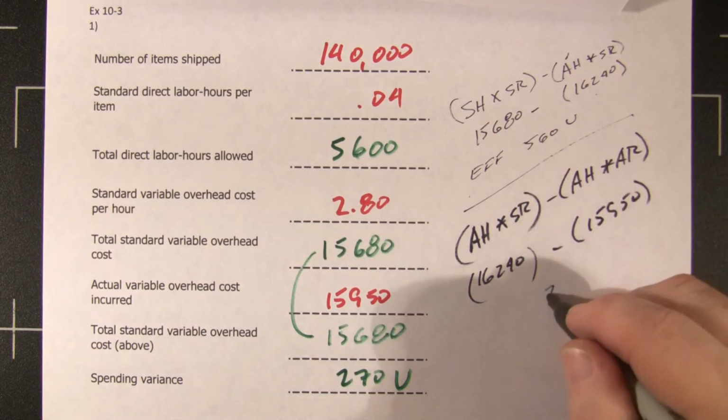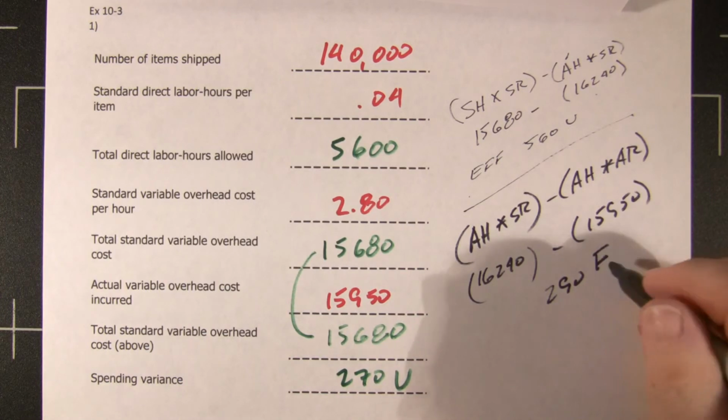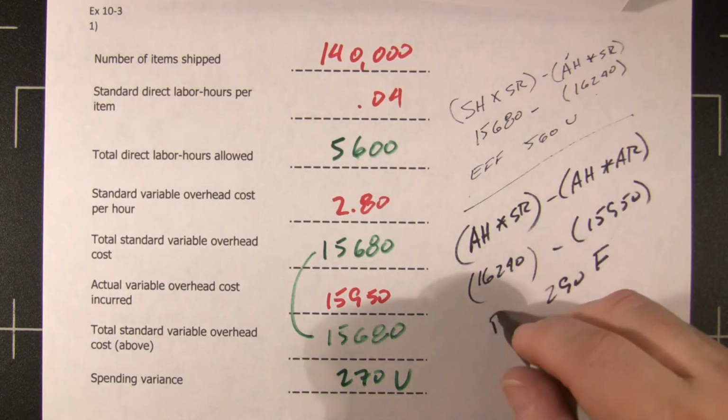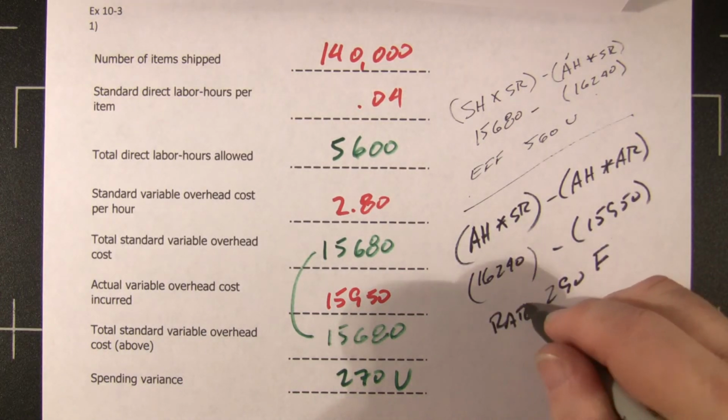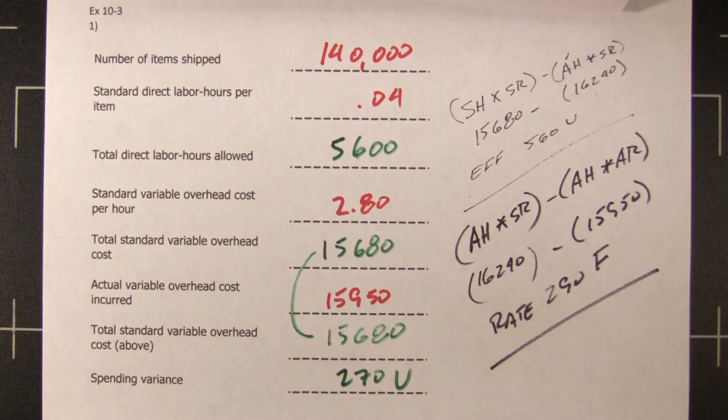And that gives us a $290 favorable rate variance. And when you net them, $290 favorable against $560 unfavorable, you come up with a $270 net unfavorable variance.